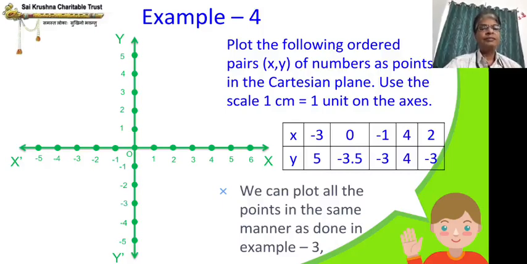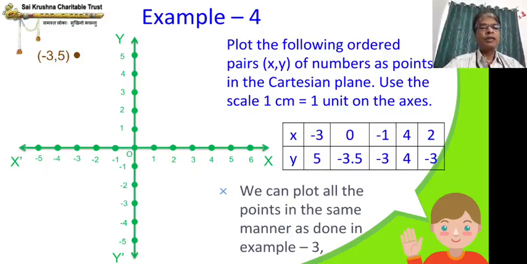Let me see how many of you have done it. I am going to do the same shortcut. (-3, 5): x and y are -3 and 5. Which quadrant is this in? It is in the second quadrant.